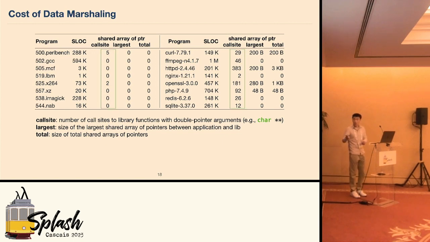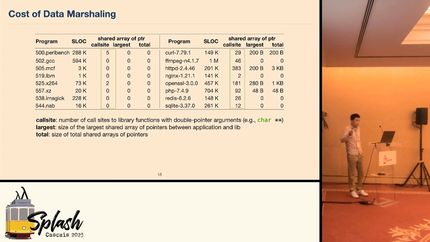And here are the results. For most programs, there are only a few such call sites, I would say, considering the size of the program. The largest is 383 from Apache's HTTP server, but consider that it has over 200,000 lines of code. We believe it is still manually manageable.